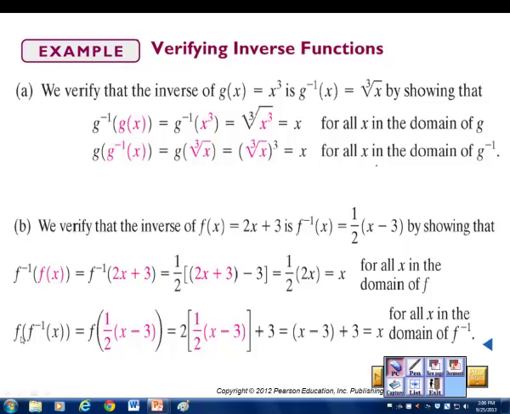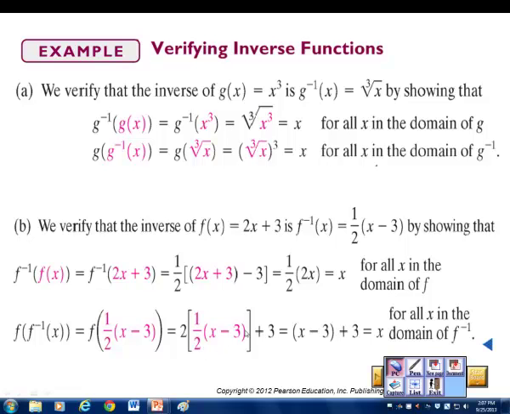So now, if we do it the other way, f of its inverse, now we're cutting that x out for the function. And now this would be 2 parentheses plus 3, and where the parentheses is, we put our inverse, 1/2 x minus 3 in there. Well, the 2's cancel here.